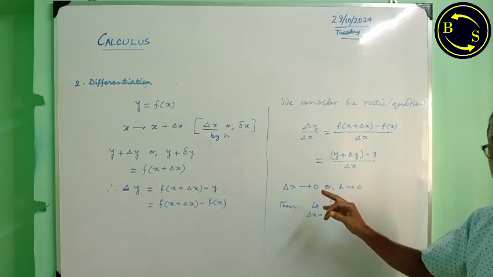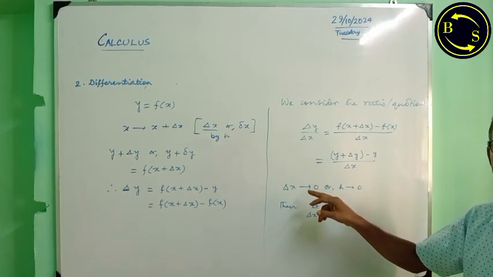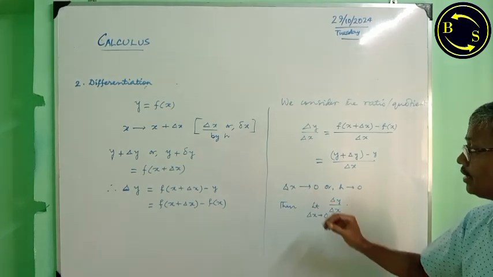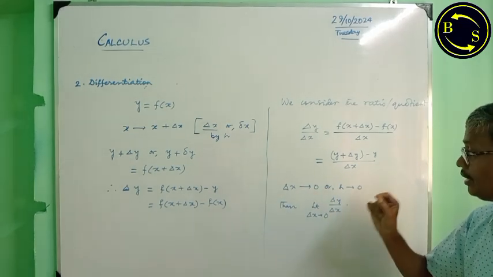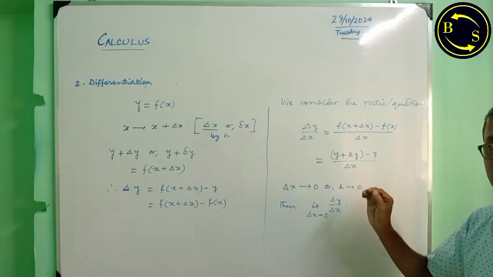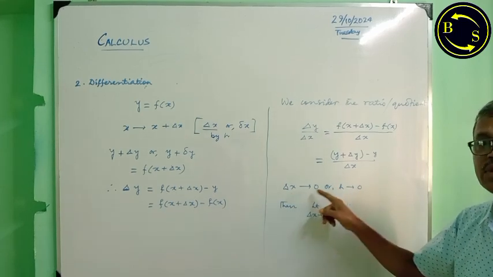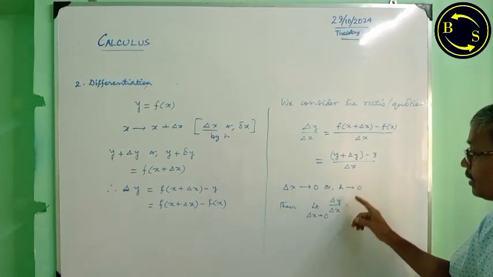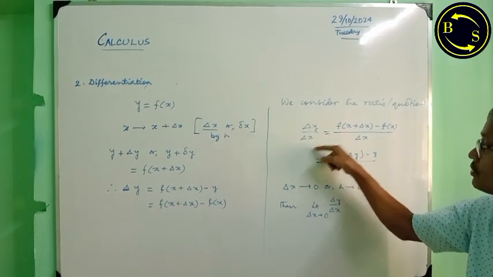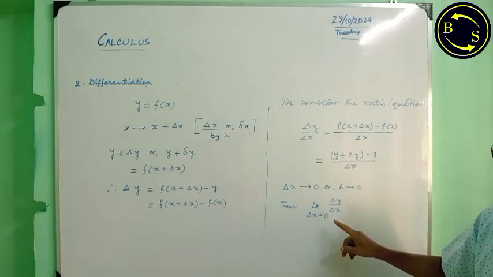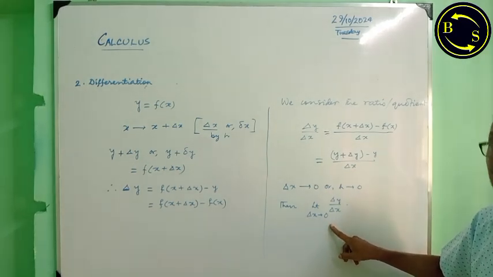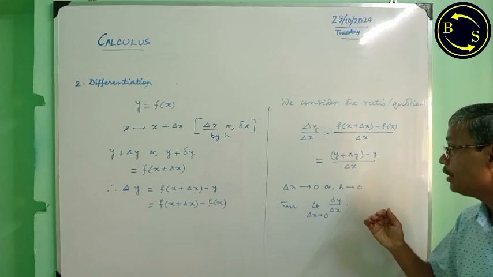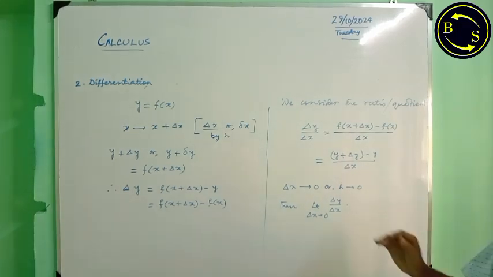We also say change in x is infinitesimally small. In that case, this quotient or this ratio is this. That means we have to use the concept of limit.